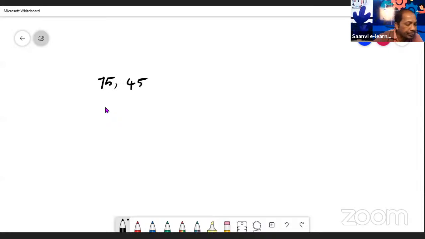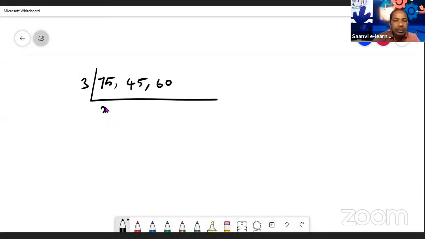75, 45, and 60. So now first of all find the LCM. Which table is possible? 3 table is possible, 2 table is not possible here. 3 table possible, no? 3 2s are 6, 3 5s are 15. And here 3 1s are 3, 3 5s are 15, and here 3 2s are 6, 0 as it is.